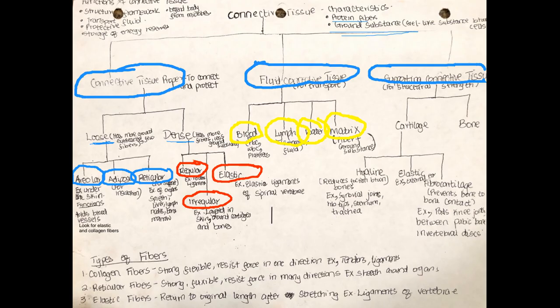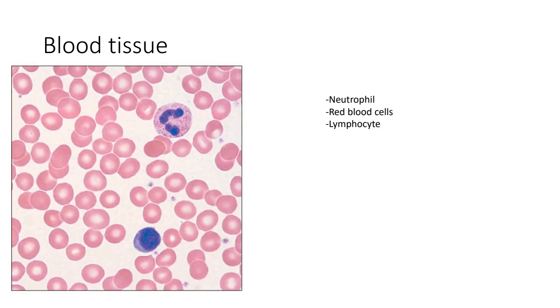Now, in your lab exam, again, it's easier for me to use these slides, okay? This is a blood tissue that you would need to recognize, okay? So all these red structures, those are red blood cells, okay? They're easy to recognize. Why? Because they're going to be red. And when you take your lab exam, even though it will be on paper, it's going to be in color. So there's no way you can mistake the red blood cells, okay?